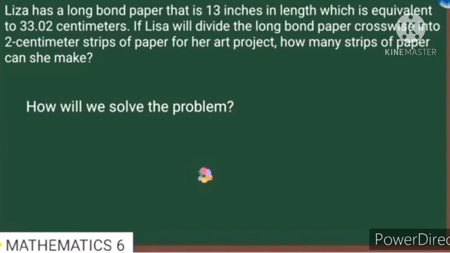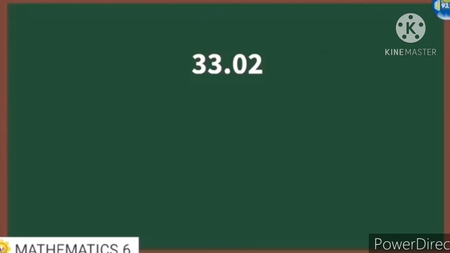How will we solve the problem? Very good. We will use division to solve the problem, using the equation 33 and 200 divided by 2 equals n. 33 and 200 divided by 2.